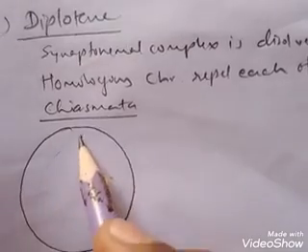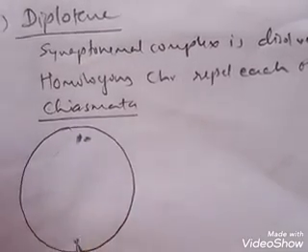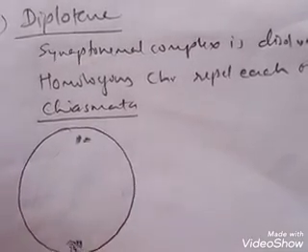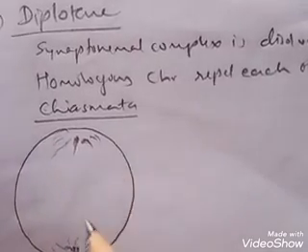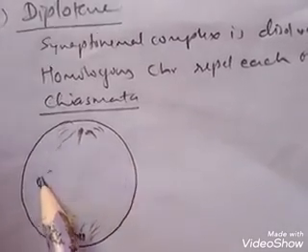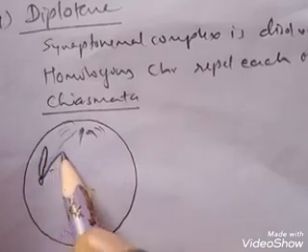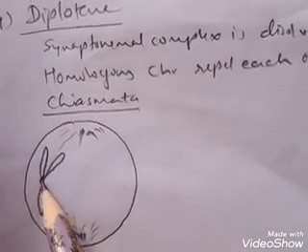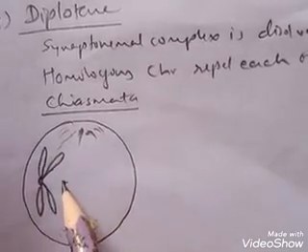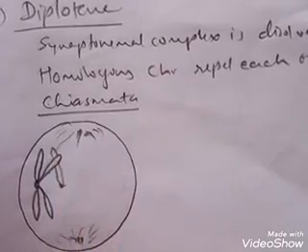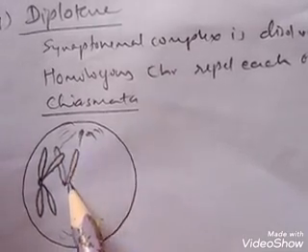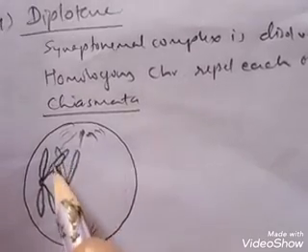So only the chromosomes you can show here, like this, and there are X-shaped structures appearing in the chiasmata region.